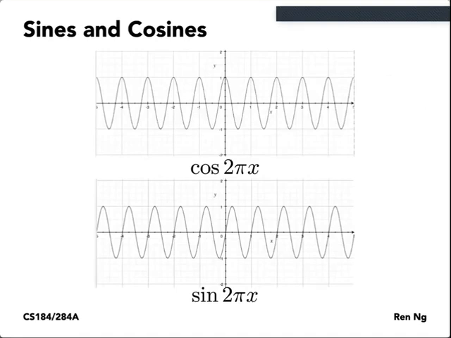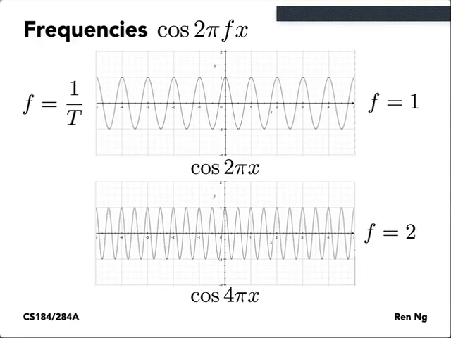It's in terms of literally sines and cosines, cosine 2 pi x, sine 2 pi x. The frequency here is literally going to be what the frequency definition of a sinusoid is, okay? The rate at which it's changing. Specifically, if we have a function cosine 2 pi f x, then it has a frequency of f.